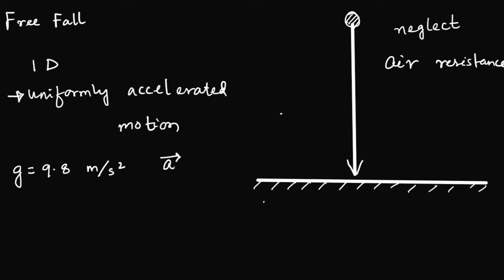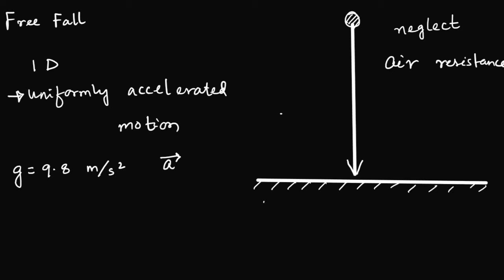Now, if the object is in free fall, that means we are neglecting air resistance and the body is accelerated downwards, always downwards, under the influence of the gravity pull. So free fall is basically motion with uniform acceleration.